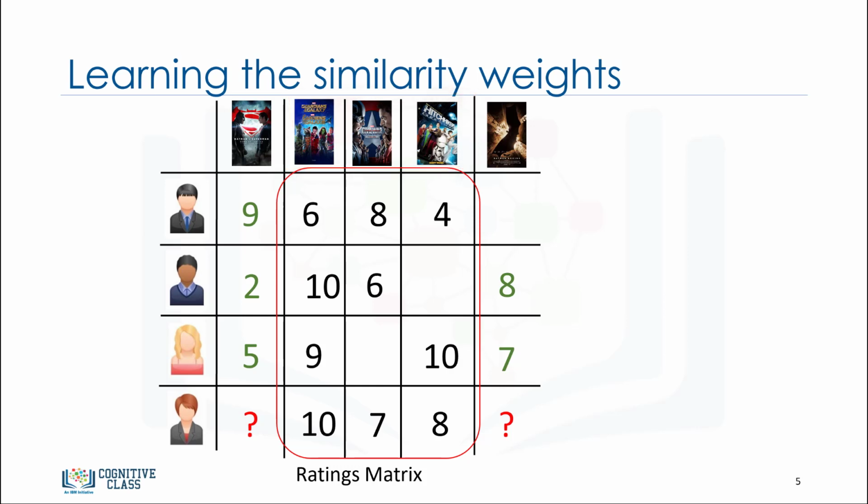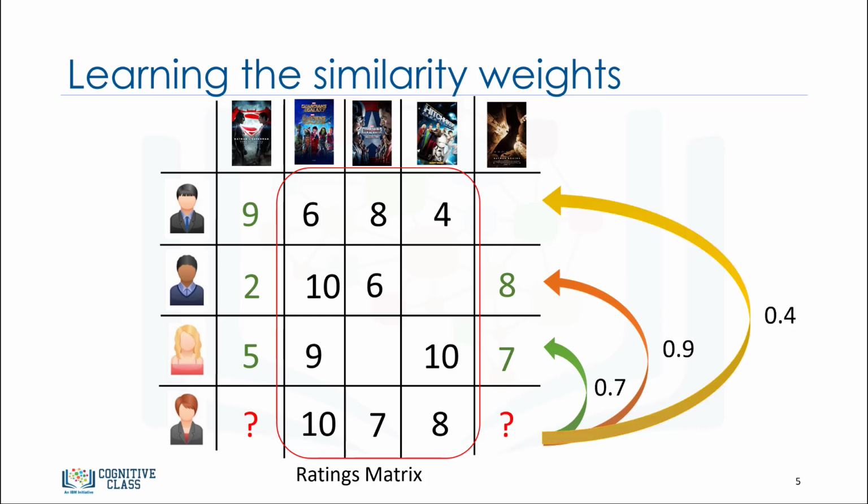Regardless of what we use for similarity measurement, let's say, for example, the similarity could be 0.7, 0.9, and 0.4 between the active user and other users. These numbers represent similarity weights, or proximity of the active user to other users in the dataset.